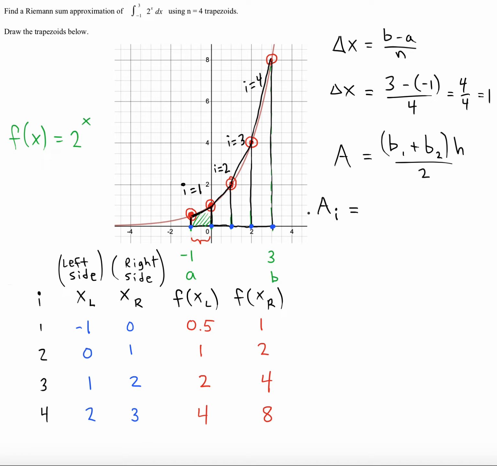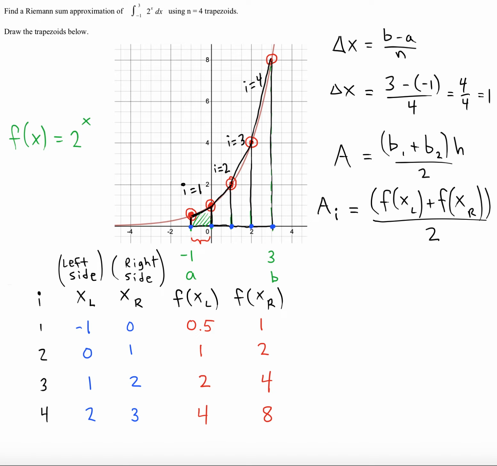The area of any given trapezoid here will be f of xl plus f of xr over 2.